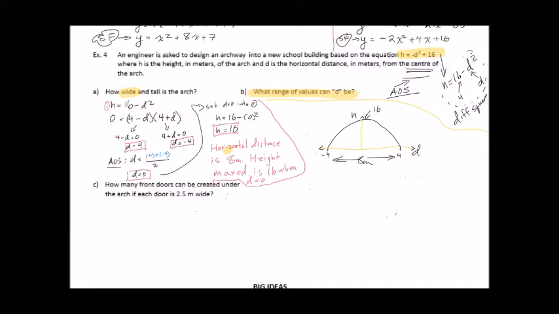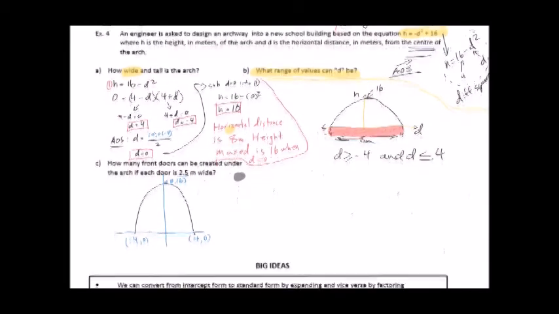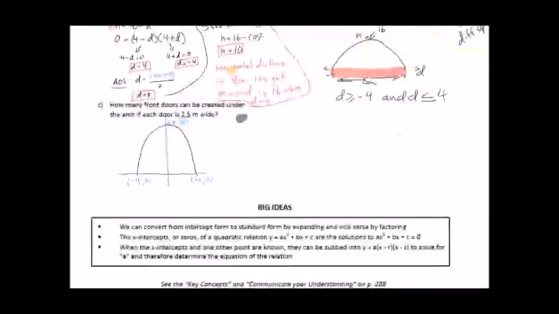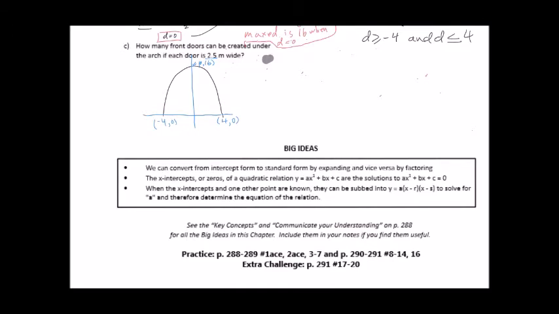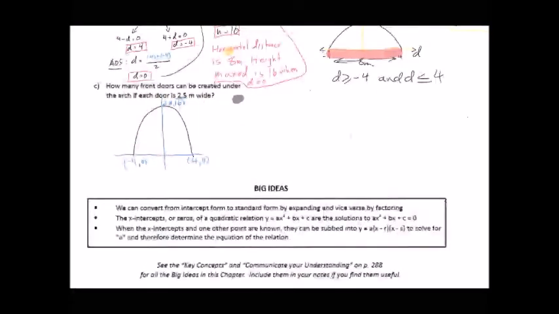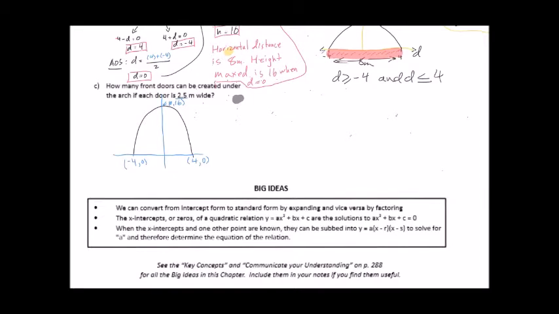I will not put this up online as a solution for part C. Your job is to work through it and see if you can come up with some way to fit a door or a number of doors that are 2.5 meters wide. I want you to consider the height of the door as well.